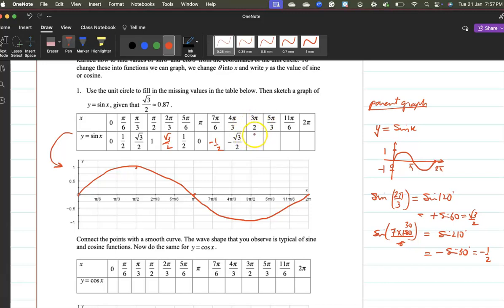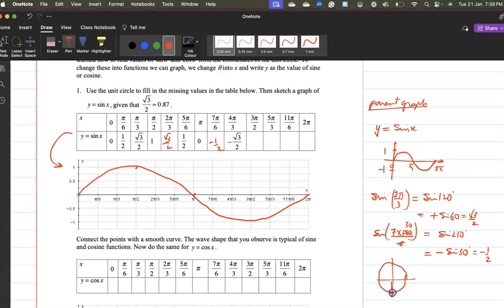Times by 180 upon pi, that would be 270. So what's the value? Remember that this comes on the unit circle.